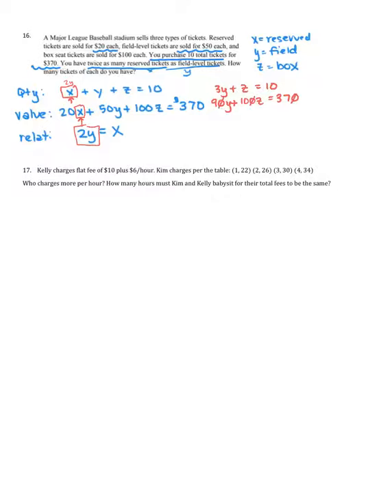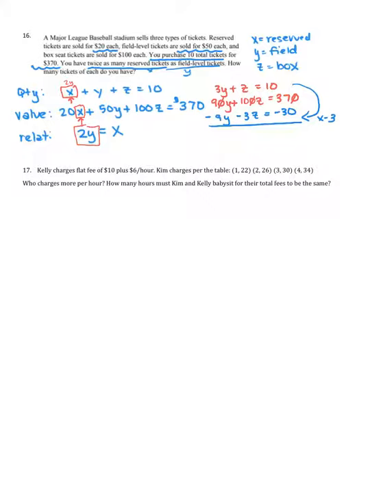It's like dividing by 10. And so to combine these two equations, I'm going to take this one and multiply everything by -3, so that I have -9y minus 3z equals -30. And I can then add these two equations together.